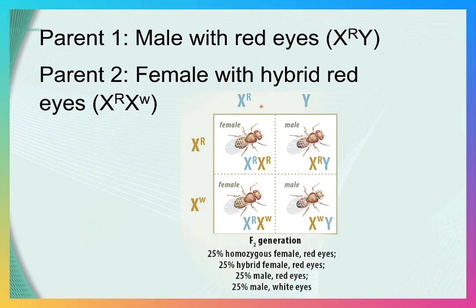So 25% would be homozygous red-eyed females, 25% would be hybrid red-eyed females, 25% would be red-eyed males, and 25% would be white-eyed males. 75% of the offspring would have red eyes.